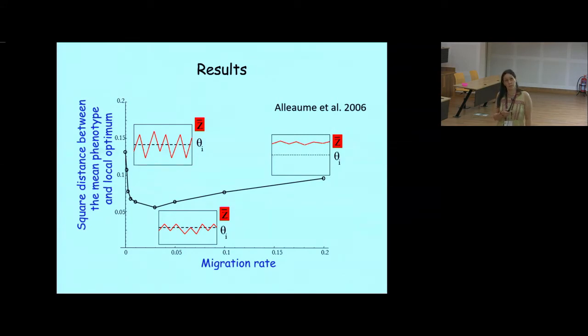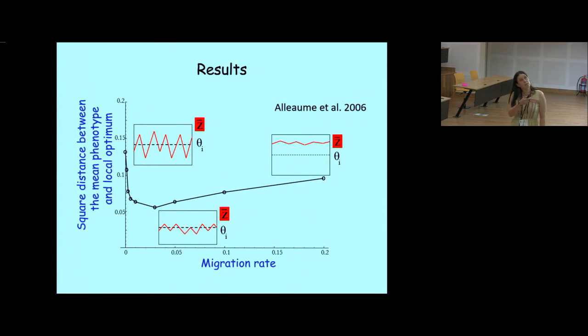So you are not systematically fitting the optimum, but you don't have much fluctuation in the mean phenotype in those populations. When you decrease the migration rate, your mean phenotype is closer to the optimal value, but it fluctuates around it because of random drift.